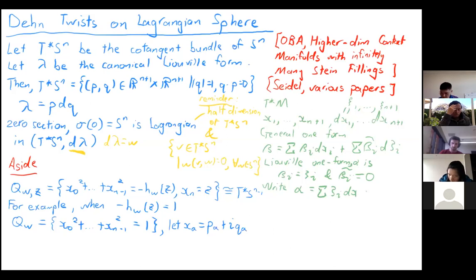If you do this kind of change of coordinates, you can write your set as this, p plus i q, p q.